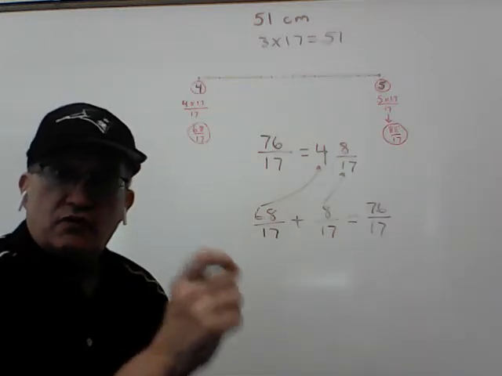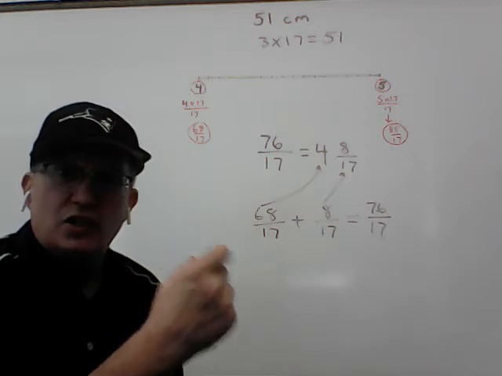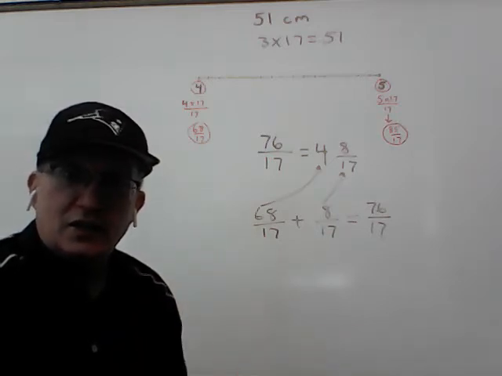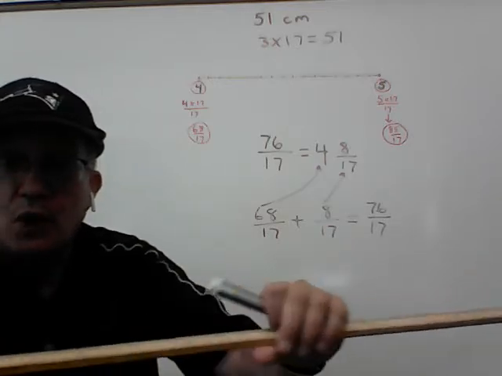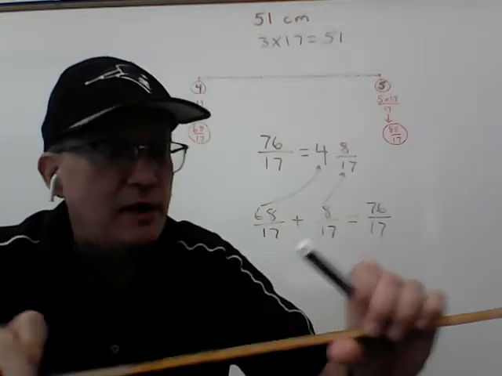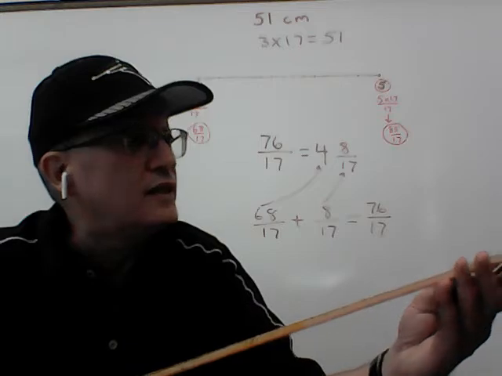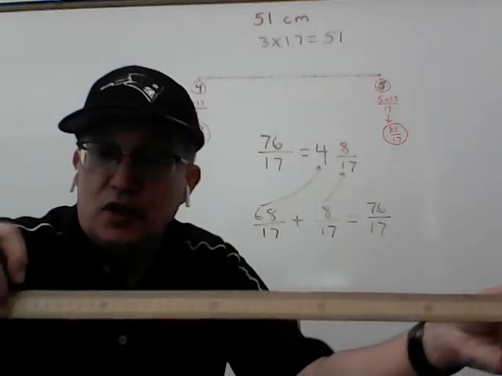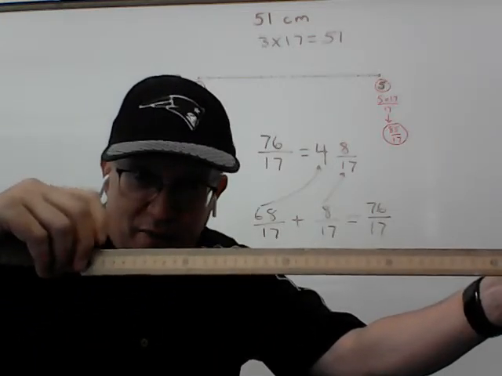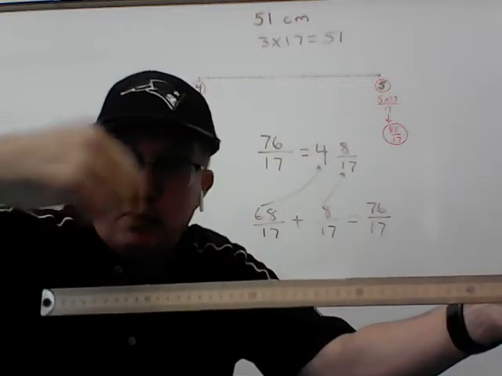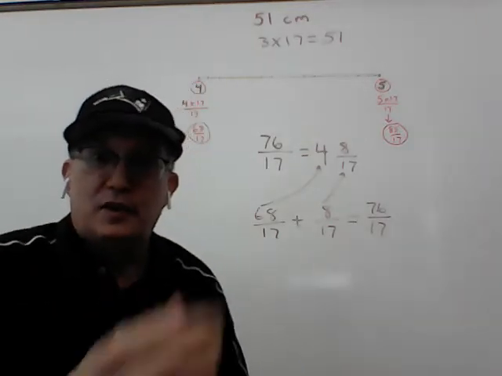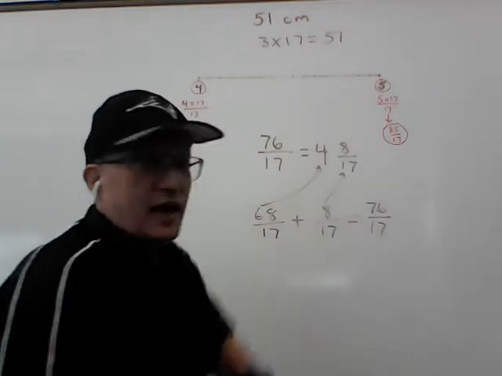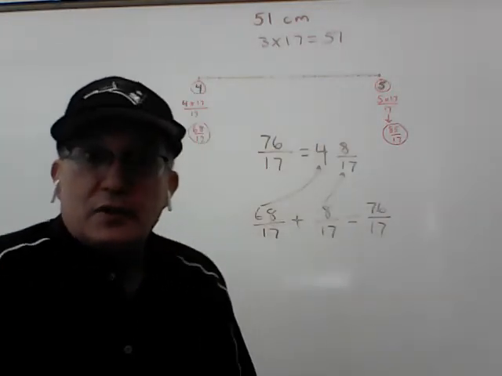The distance between 4 and 5 has been divided into 17 equally sized pieces. And the thing that made that easy to do was I made the line segment 51 centimeters and then just held this up there and put a point every 3 centimeters, 3, 6, 9, and so on, all the way up to the end at 5, which was 51 centimeters.